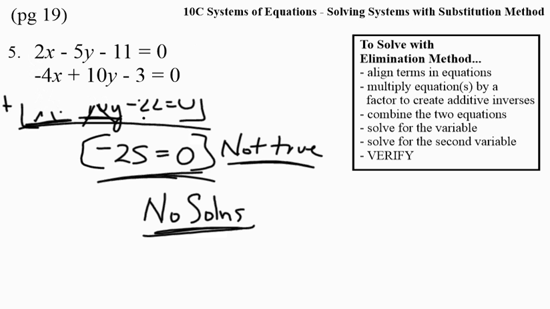If I isolated my y here and put it into slope-intercept form, I would be left with 2/5 x minus 11/5 is y. And if I isolated y here, I would be left with 2/5 x plus 3/10.